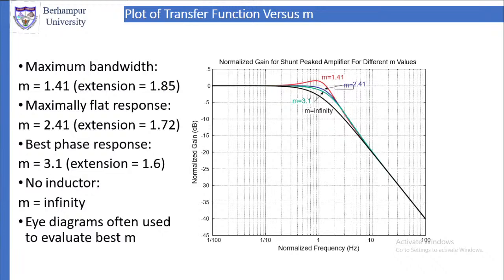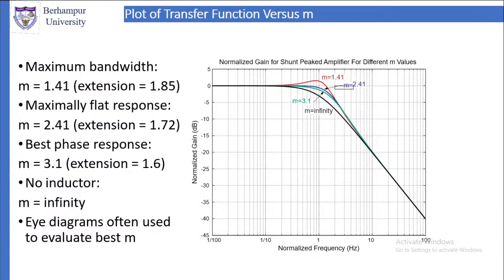Now look at the transfer function. Transfer function means gain versus frequency, both in dB. If you look at this curve, you get maximum bandwidth when M is equal to 1.41.